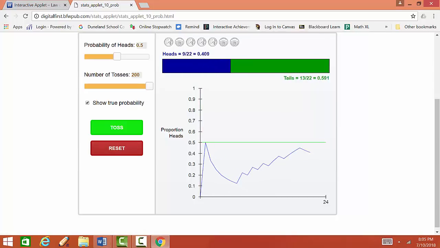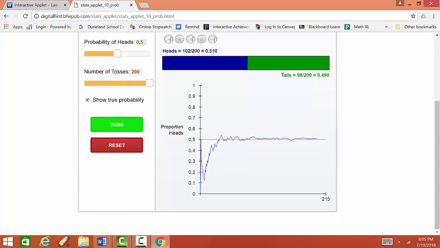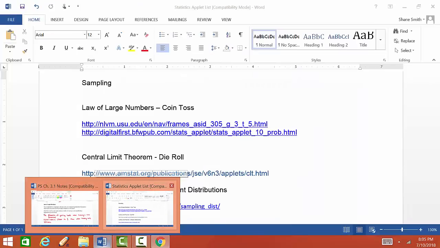So yeah, we'll do it one more time just for fun, because that's what we like to do. So you get a lot of variance, and then it just kind of shuffles along the green line after that. Okay, so that is one example of the law of large numbers, and this applies to anything though. Like, the more times you do something, you're going to approach that theoretical probability.